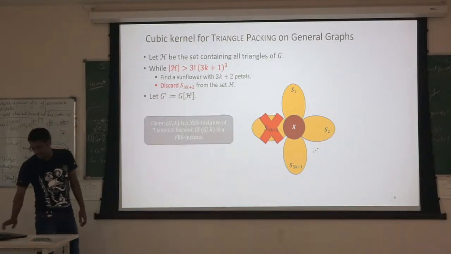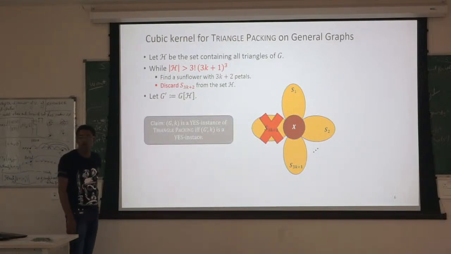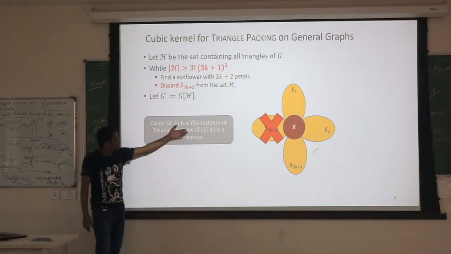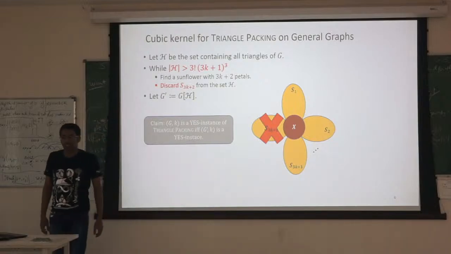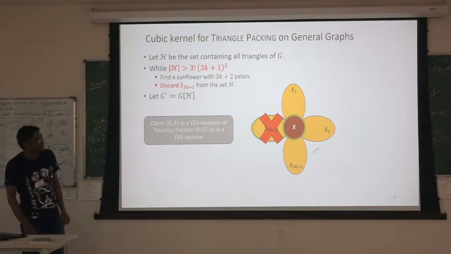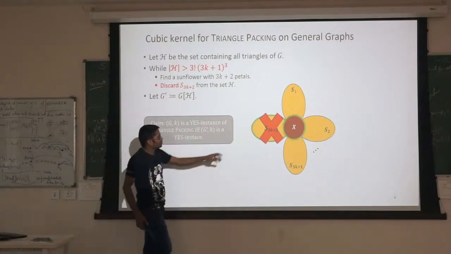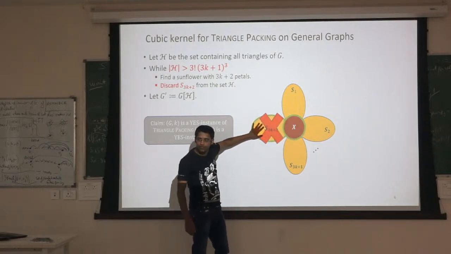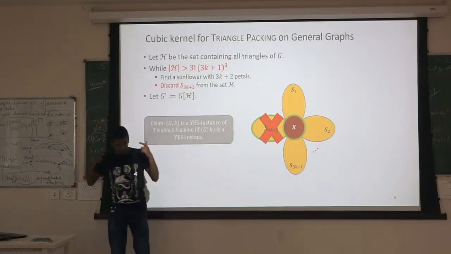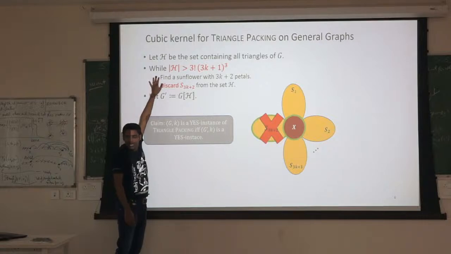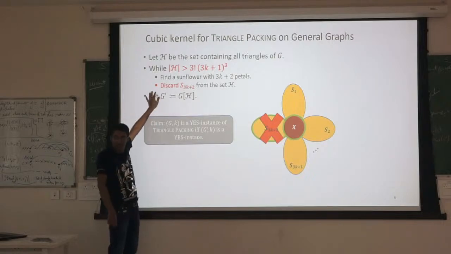Alright. So we will see exactly the question that you asked. Why do we remove this, and why is it safe? We will show that if you have k disjoint triangles in the original graph, then there are also k disjoint triangles in the reduced graph. For that, assume that we had a solution in the graph which contained this triangle. There is one more thing going on. I assume that you just apply it once, but in the while loop you can apply it multiple times and forget lots of things before you exit.